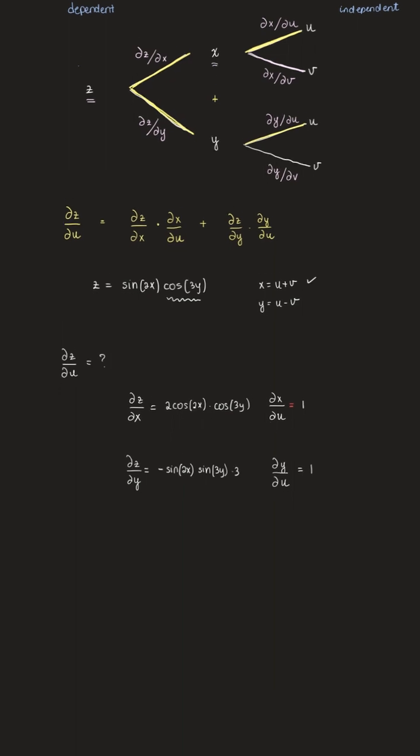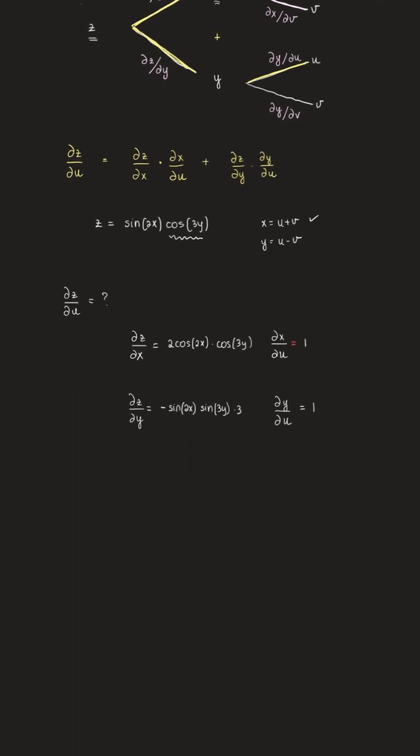Now, going back to our chain rule in yellow, right here, we're going to have that dz du will be dz dx, which is 2 cosine 2x cosine 3y, times 1, because dx du is 1, plus negative 3 sine 2x sine 3y times 1, because dy du is 1.